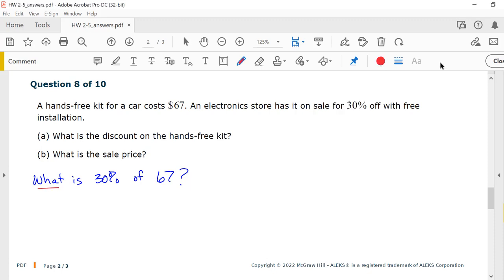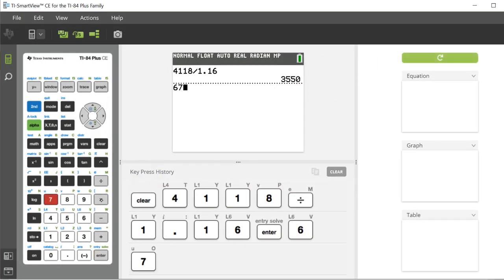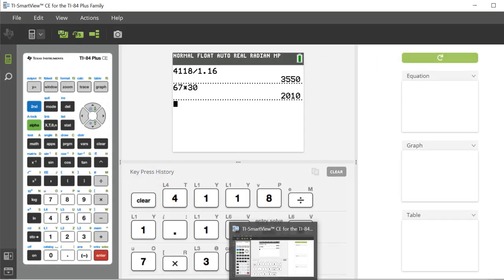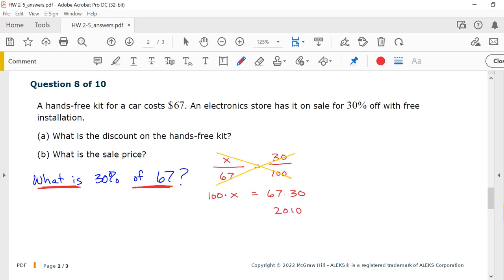Okay, what is, there's our is, it's going to be x. 30% of 67. So is over of equals 30 over 100. Cross multiply, 100 times x equals 67 times 30. All right, 67 times 30 is 2,010, and that's equal to 100x.